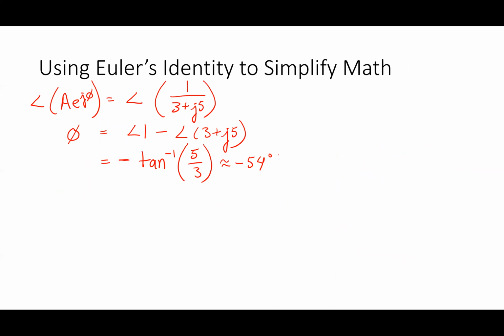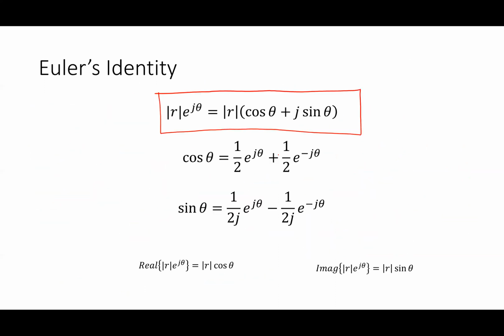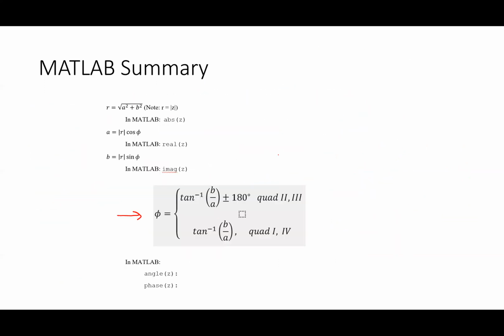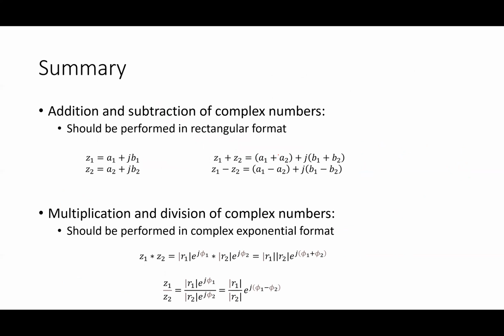There's a negative in front because what I have is two complex numbers dividing, right? So it's the angle of the top minus the angle of the bottom. One thing to remind ourselves of: I think that e to the j stuff messes with your brains, right?